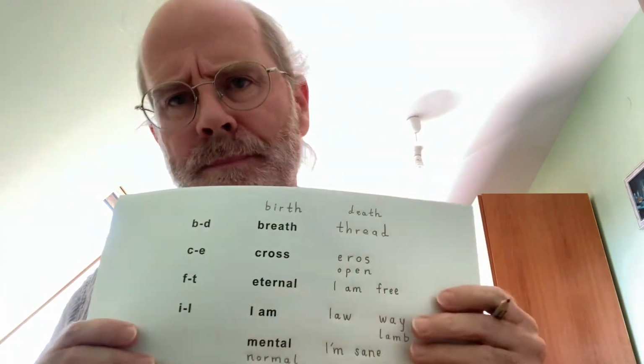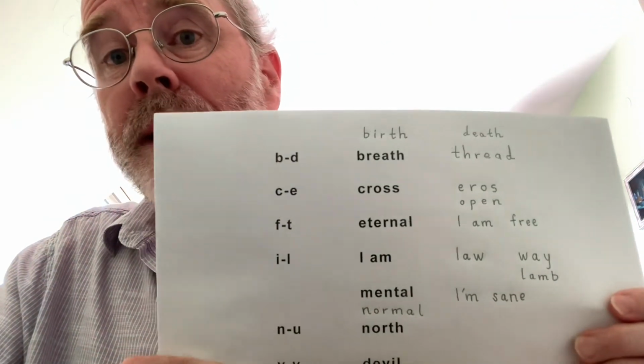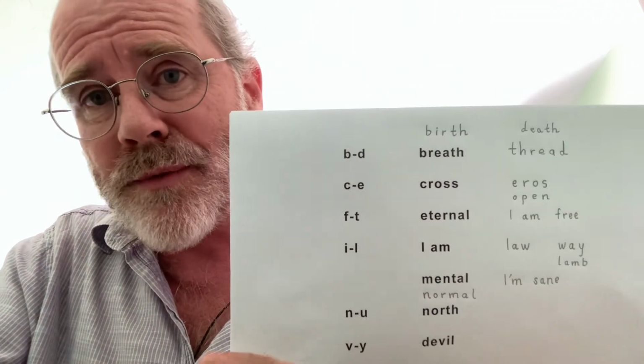And I think we can see this very clearly if we look at the word normal, which in a way is the opposite of mental. If you're normal, you're not mental. Right? Well, have a look at the word normal and see what you can find in reverse.